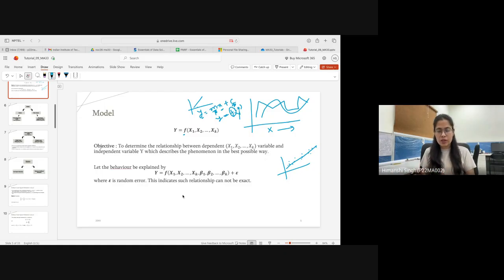I can divide the population of functions into two parts: a function can be linear, a function can be non-linear.